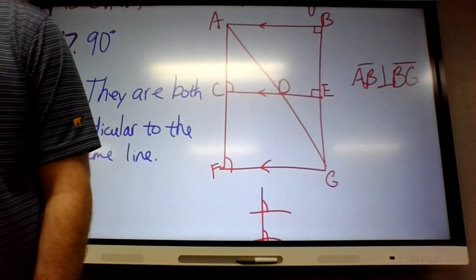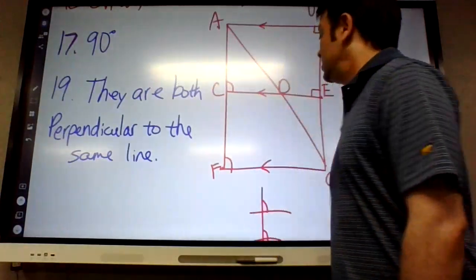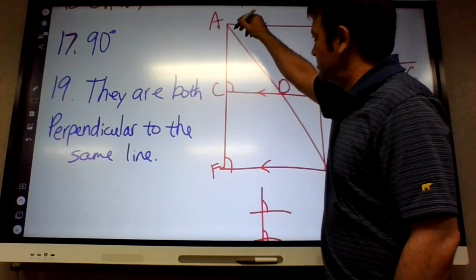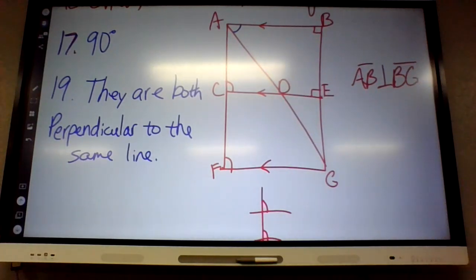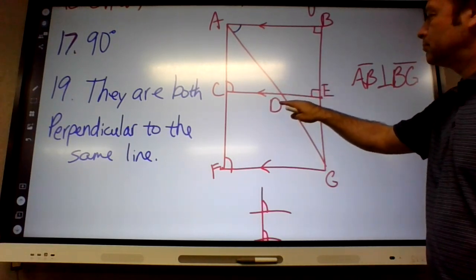Okay, 21. Name three angles that are congruent to angle BAD. So angle BAD is right there. We're supposed to find three angles that have to be the same as that one. FGA.